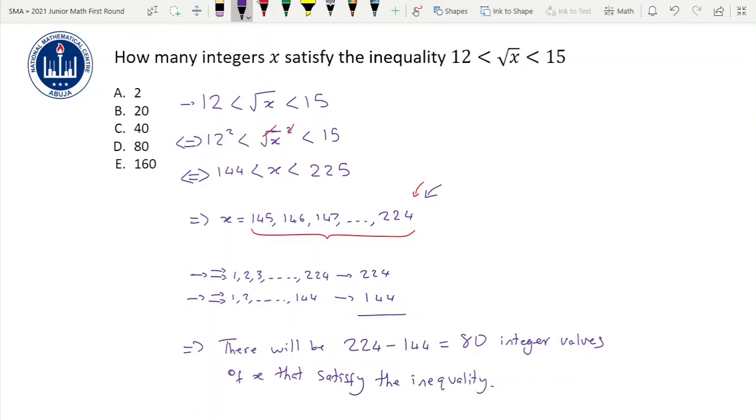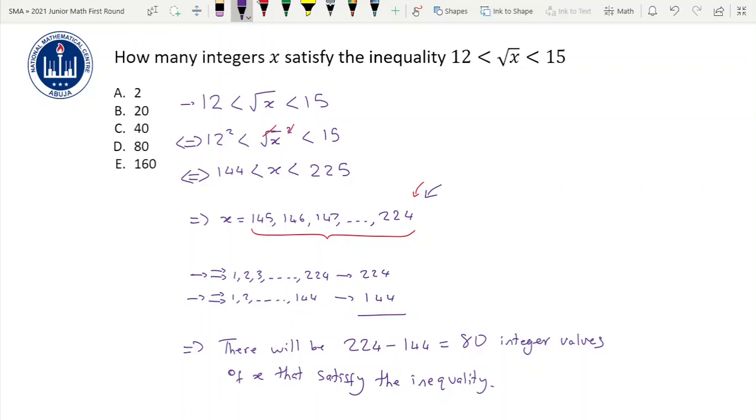So let me just go over this again. We started by squaring both sides, and then we got that 144 is less than x, which is less than 225. And then from here, we got that the values that x can take are 145, 146, 147, up to 224. So now we want to know how many numbers there are. If we start counting all the way to 224, how many numbers will we have?